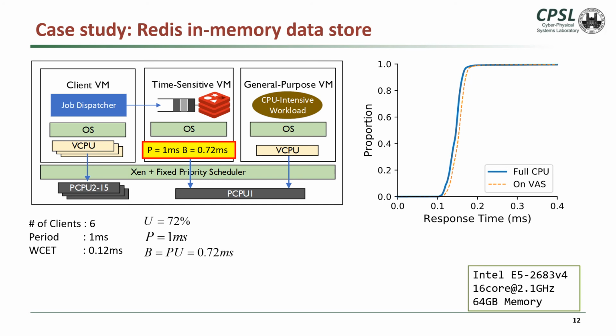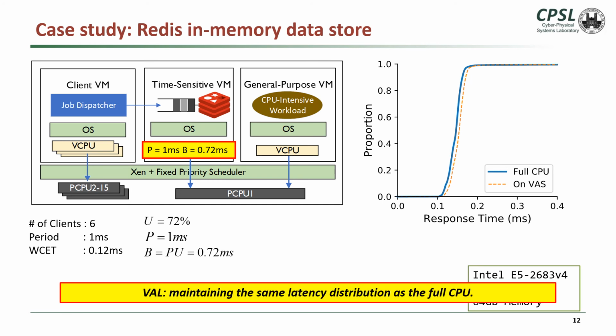You can see our VES system maintains the same latency distribution as a full CPU, because there are only microsecond level differences between the two distributions.